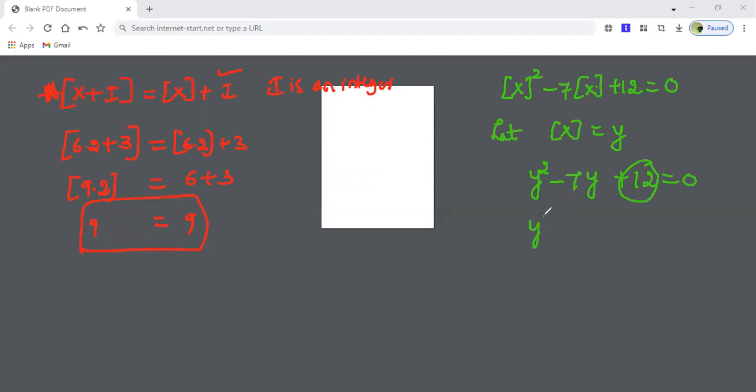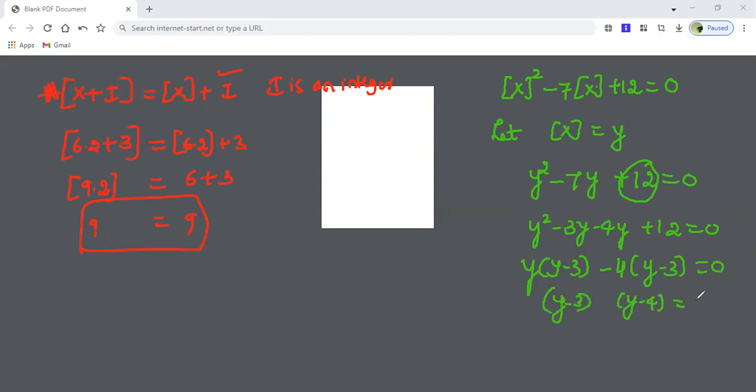That means it is y squared minus 3y minus 4y plus 12 is equal to 0. I can take y out, it is y minus 3, and from the last two terms I can take minus 4 out, it is y minus 3, equal to 0. This implies (y minus 3)(y minus 4) is equal to 0. This implies y is equal to 3 and 4.